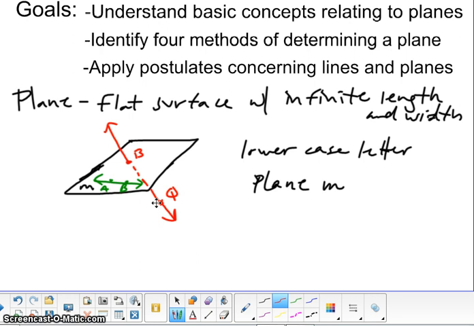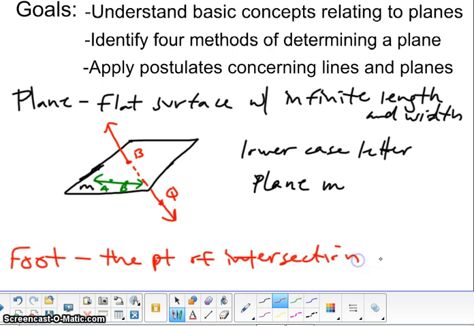And then also what I'd like to talk about is the definition of foot. A foot is the point of intersection of a line and a plane.